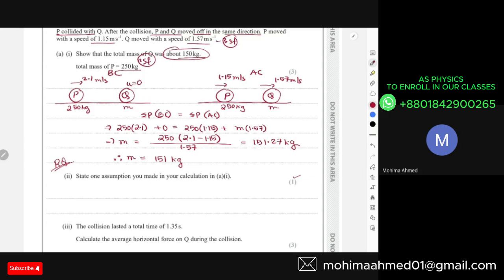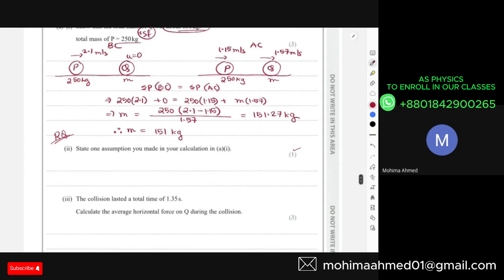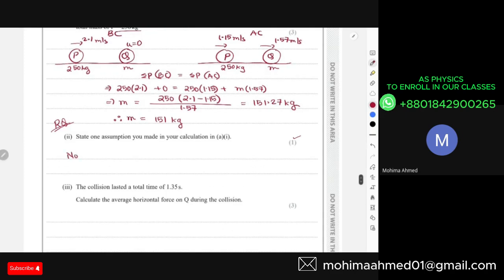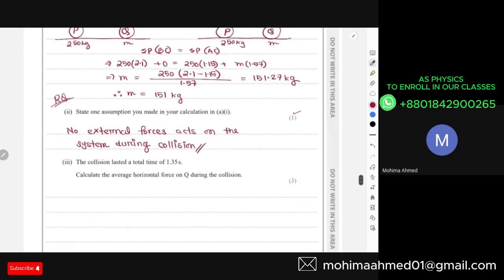So the assumption is no external forces act on the system during the collision. This should be your statement.